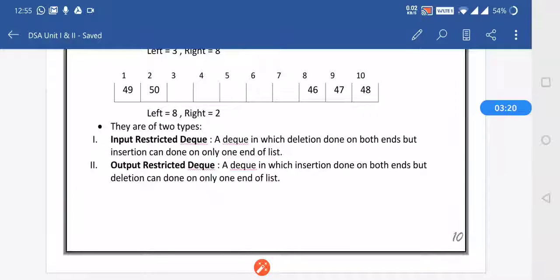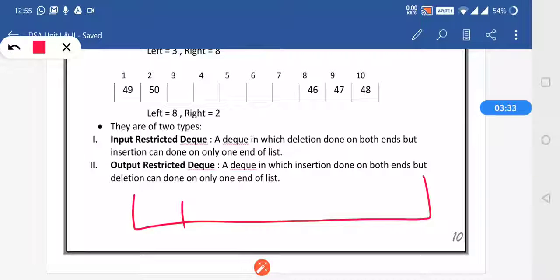And in output restricted DQ, the insertion can be done from both ends, but deletion can be done from only one end of the list. Suppose we are having this particular queue. In this, the insertion can be done from both the ends.